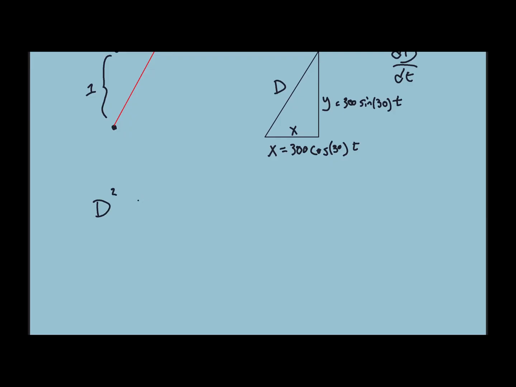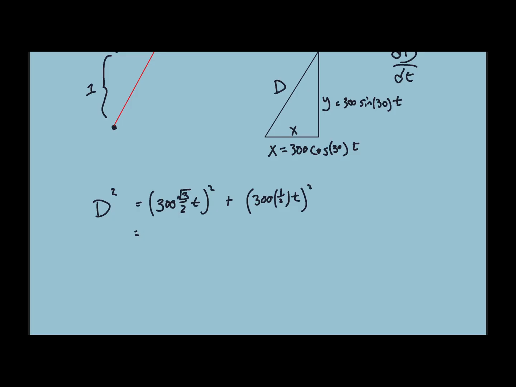The Pythagorean theorem says a squared plus b squared equals c squared. So that's going to be (300 root 3 over 2 t) squared plus (300, that's going to be 1/2 sine of 30 degrees t) squared.